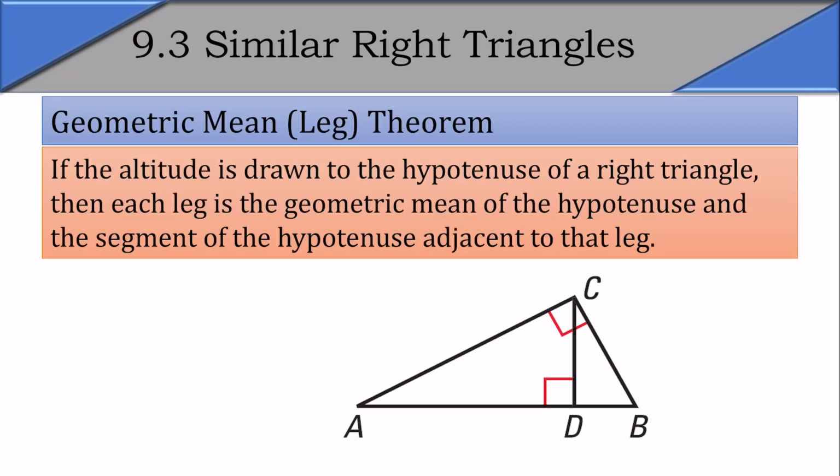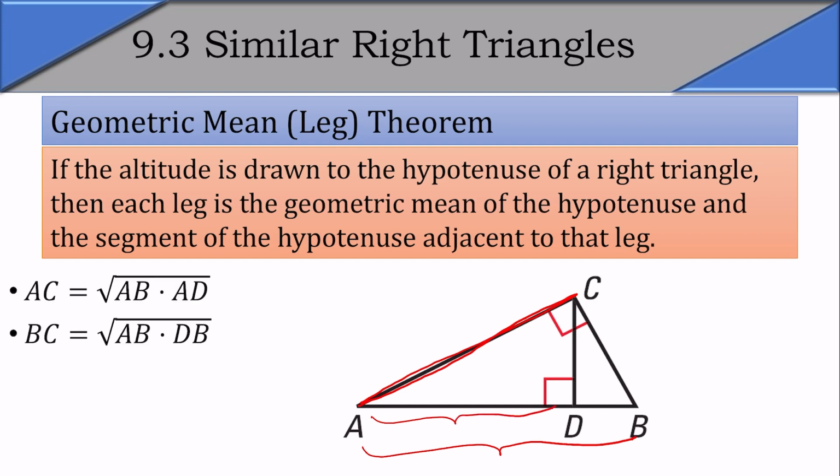Our other shortcut theorem is the geometric mean leg theorem, where it says if the altitude is drawn to the hypotenuse of a right triangle, then each leg, as in AC or CB, is the geometric mean of the hypotenuse and the segment of the hypotenuse adjacent to that leg. So if I'm looking for AC here, I am going to use the geometric mean of the whole hypotenuse, AB, and the part of the hypotenuse touching that leg.